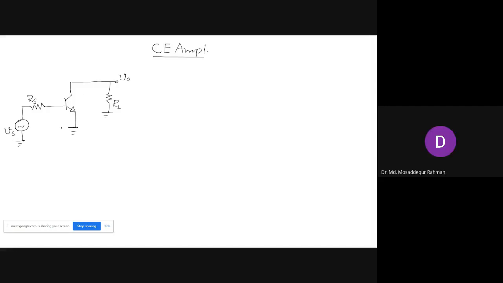So that is how our simplified circuit for the AC analysis looks like for the common emitter amplifier. Then we assign these currents. Ii is our input current that goes into the input of the amplifier. The Io is the output current that goes into the load. Then we have here our input resistance Ri, and we have here our output resistance Ro.